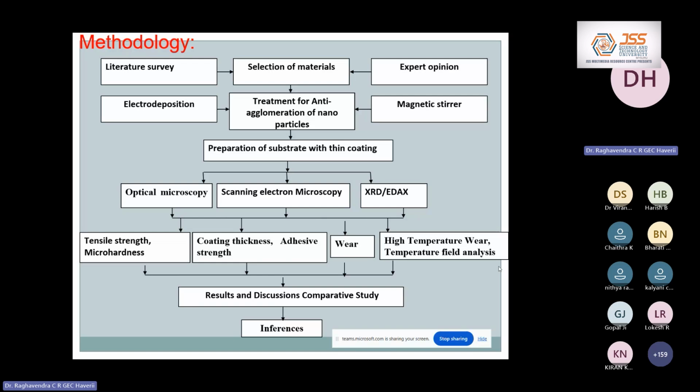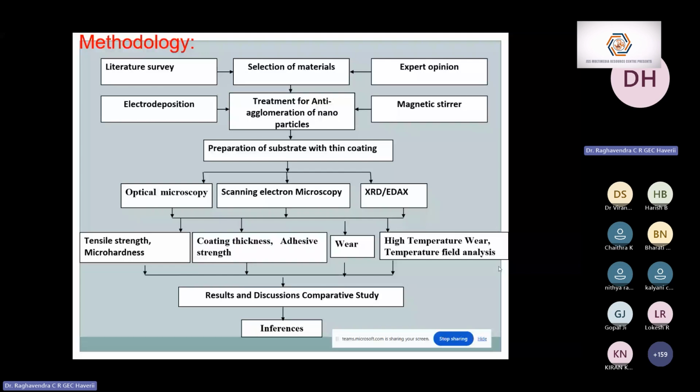Then we'll use scanning electron microscopy to see whether there is any agglomeration of particles or a homogeneous distribution, and we will also check the composition of the coating so that it should not have any reactive compounds formed. For example, in the electrodeposition method, we will have an electrolyte solution, and those chemicals should not have an influence on the coating.